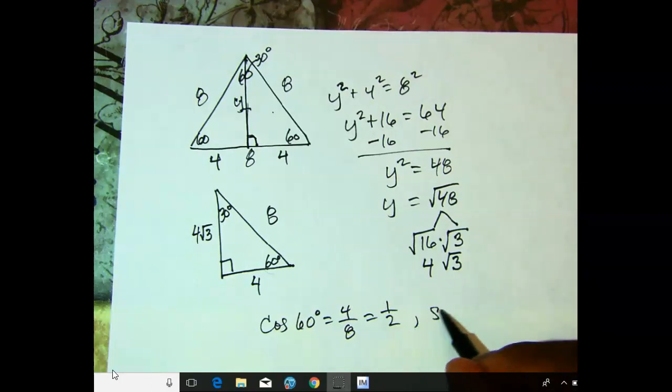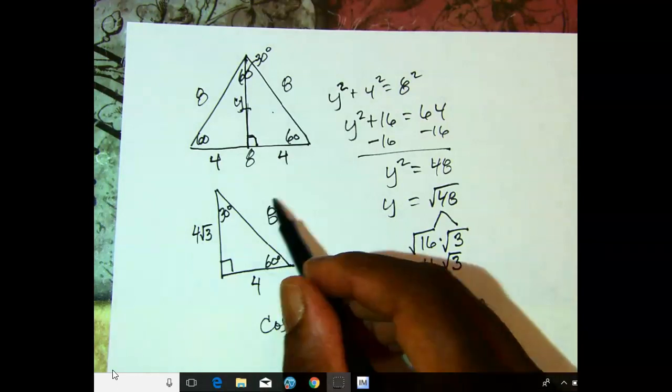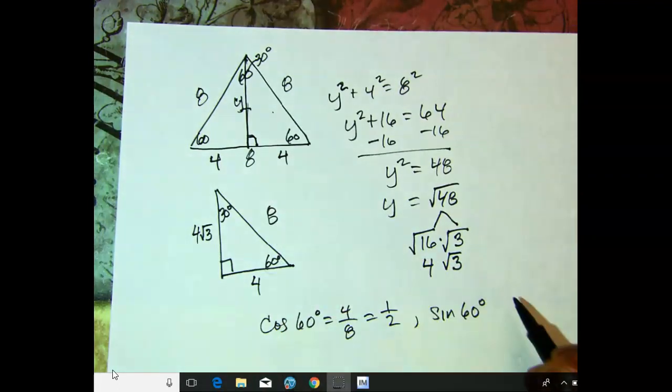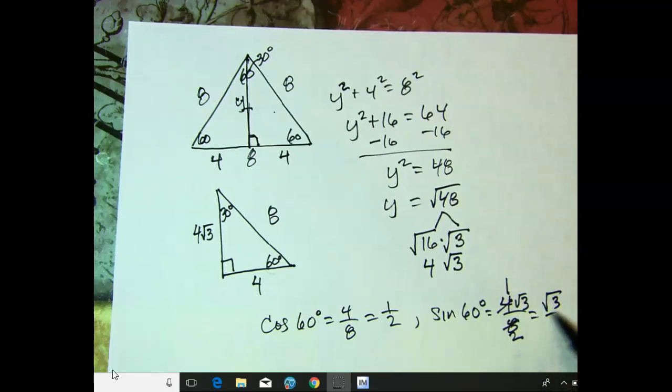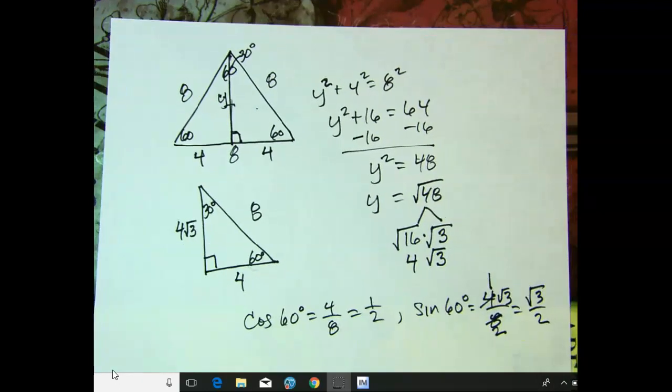Our sine of 60 degrees is opposite divided by hypotenuse. So that's going to be 4 root 3 over 8. If we simplify this, 4 goes into itself once, goes into 8 2 times, so our answer is root 3 over 2. So not only do these angle measures apply on a unit circle, they will apply with any right triangle.